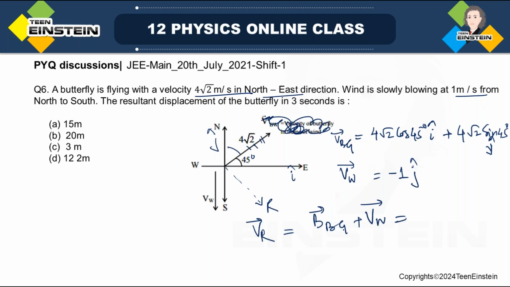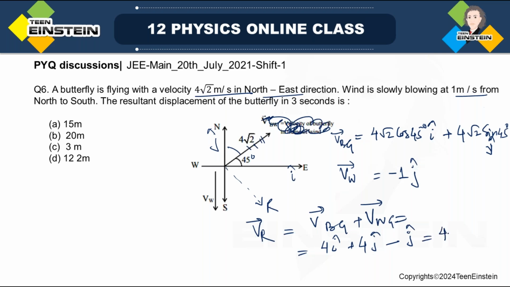VBG, G for ground, is the velocity of the butterfly with respect to ground, and the wind is also with respect to ground. So I have got 4 root 2 cos of 45, that means it is 4 i cap plus 4 j cap and minus j cap of the wind.